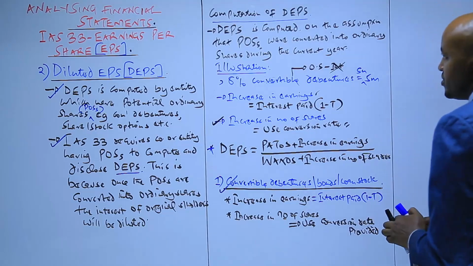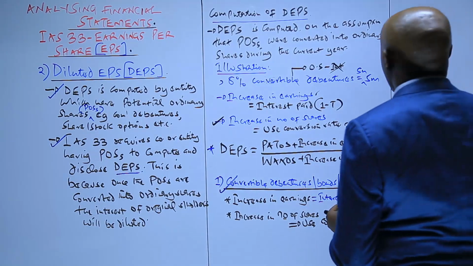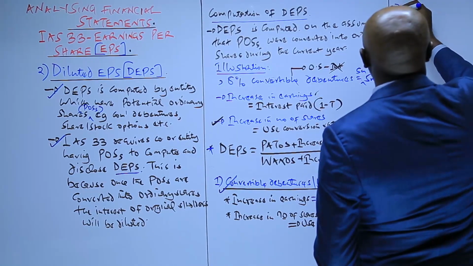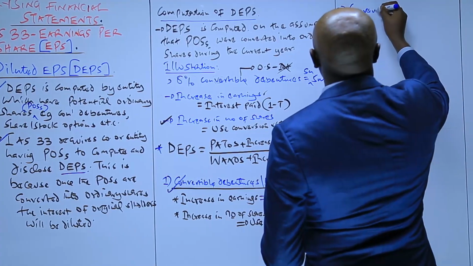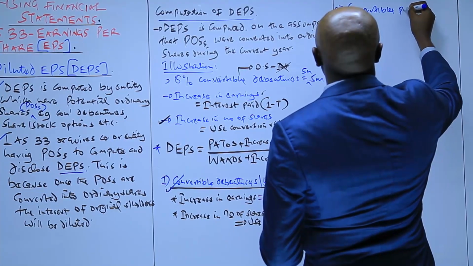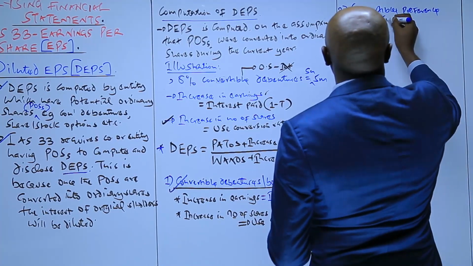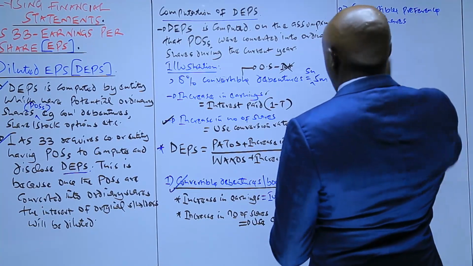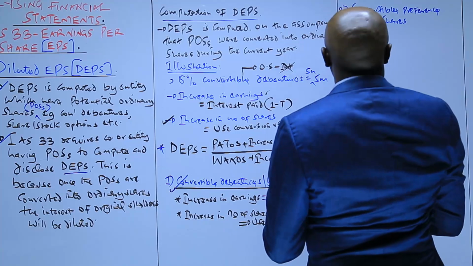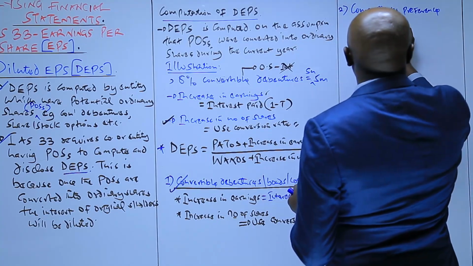So that is how first of all we treat the convertible debentures, convertible bonds, convertible loan stock in computing the diluted earnings per share. Number two, we have convertible preference shares. So this is still a potential ordinary share.